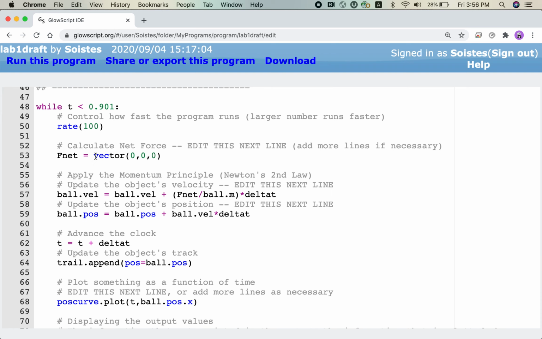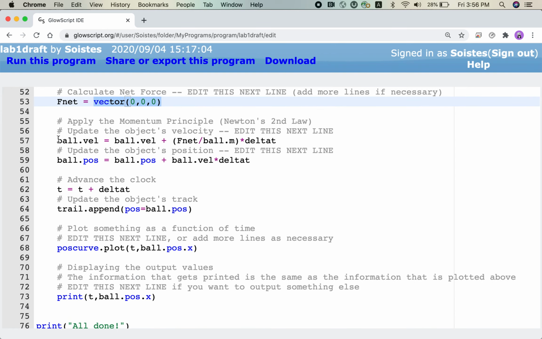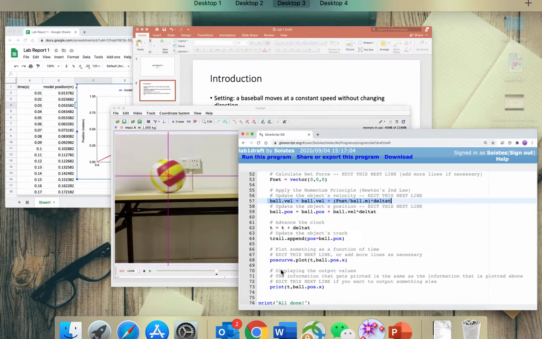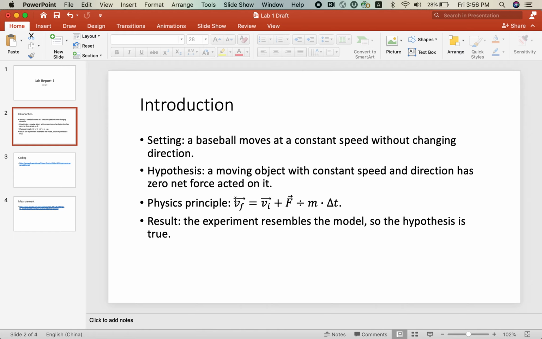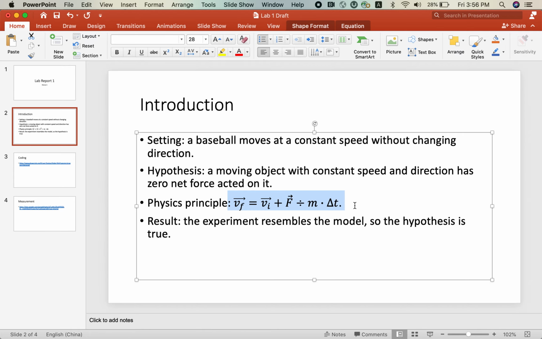And in the while loop, I set net force to zero. And I obtain the current velocity by adding the initial velocity and the net force divided by the mass of the ball times changing time. This formula is just the same as the formula I mentioned initially here.